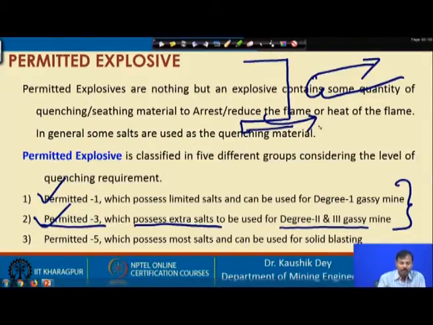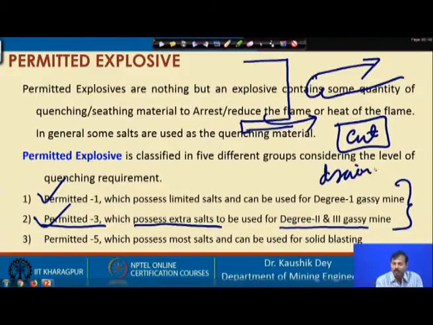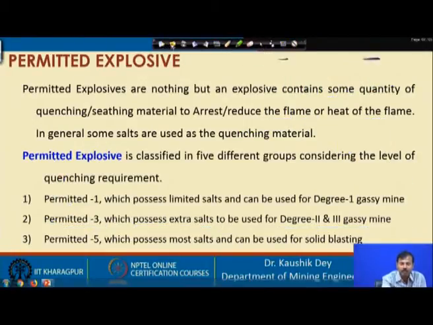So, that is why permitted 1 and permitted 3 explosives are used for the cases where blasting is carried out after a cut is made in the face, allowing the drainage of the existing methane in the face. In those cases, permitted 1 and permitted 3 explosives are used.